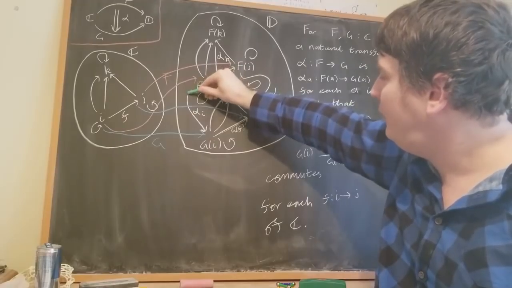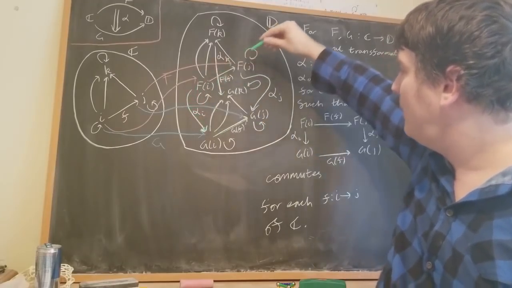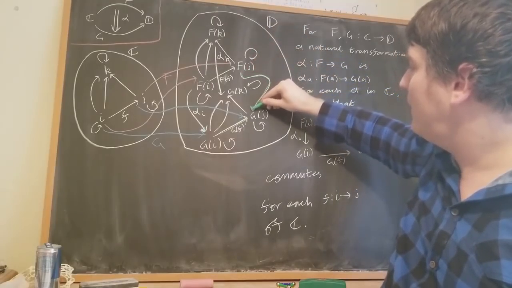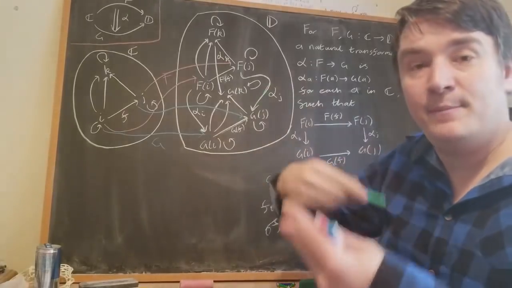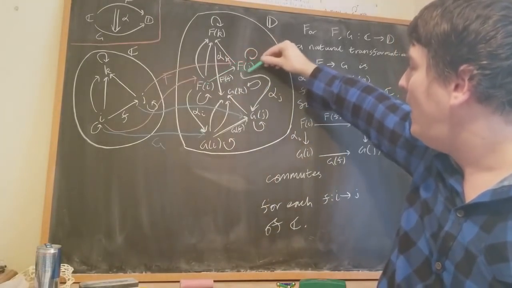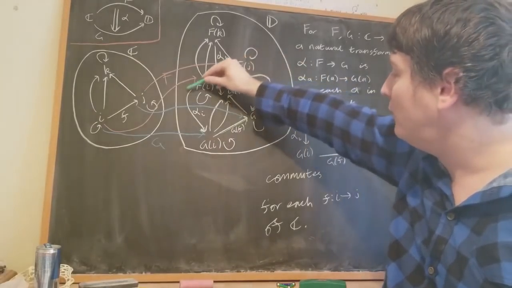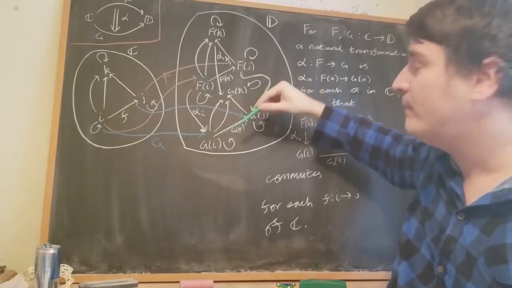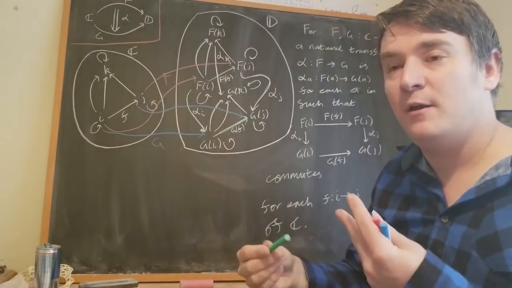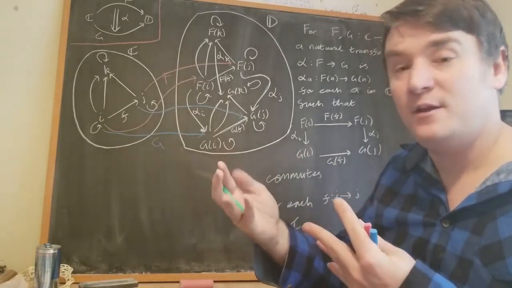And we want this square here to actually be a commuting diagram. Okay, so going along this arrow and then this arrow will give us the same result as going along this arrow and then this arrow. So this is an extra condition which completes the definition of a natural transformation.